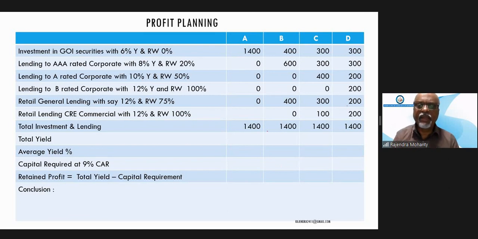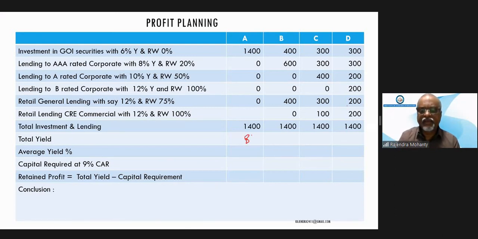Now tell me, what is the yield of A? How much yield are you getting out of 1400 for a period of 1 year? 84. So the first one is 84.